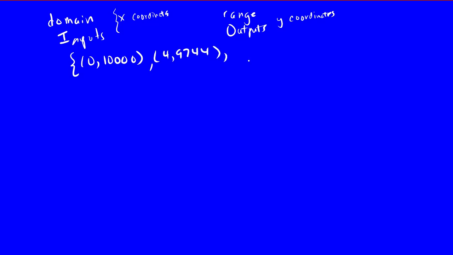Then we had 8 paired with 8,976. Then we had 12, and the height at 12 was 7,696. Finally, we had 16, and that height was 5,904.